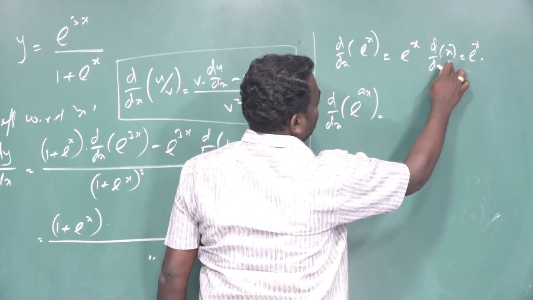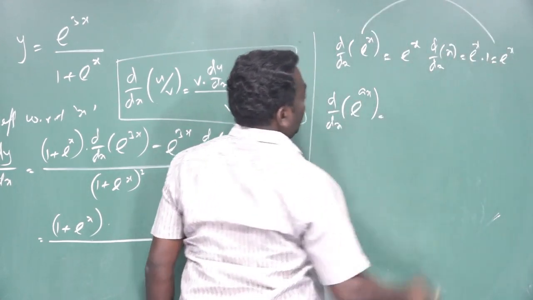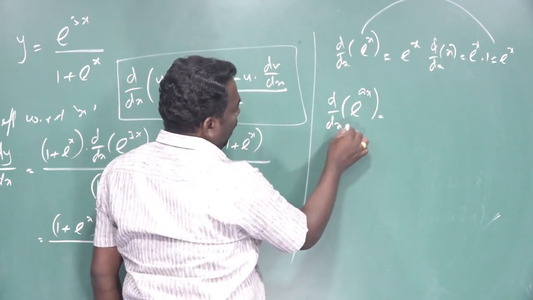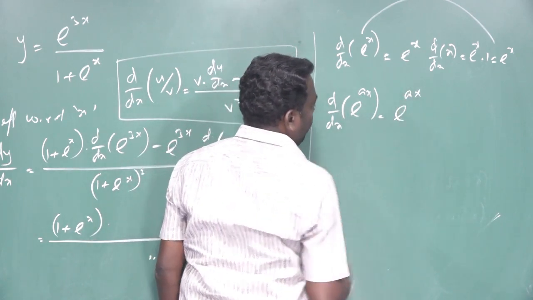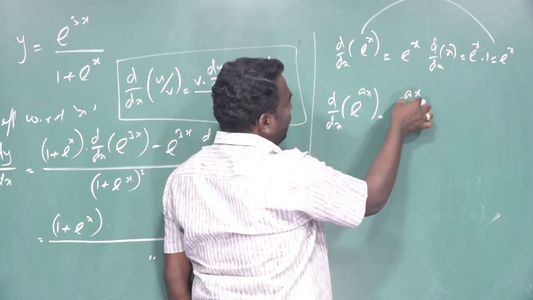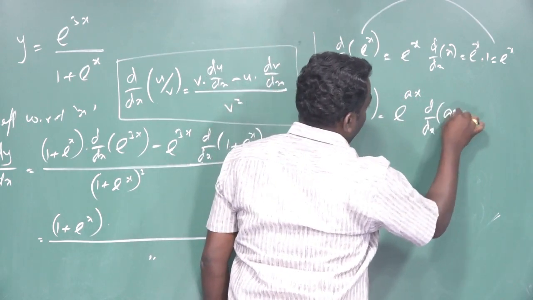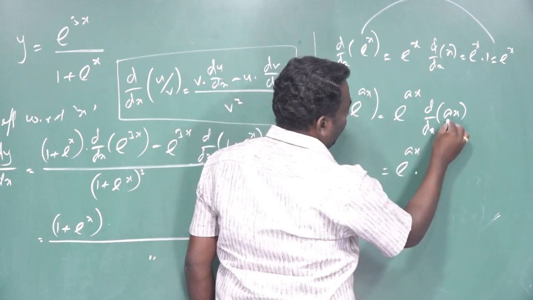Differentiation of e power x is the same, e power x. But here for e power ax, the first derivative is the same e power ax, but the power term is ax instead of x, so again we want to differentiate ax, that is e power ax into differentiation of ax.